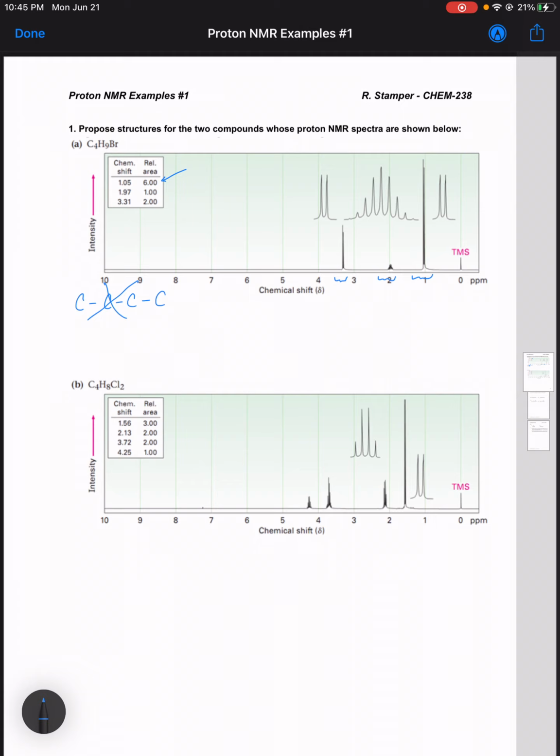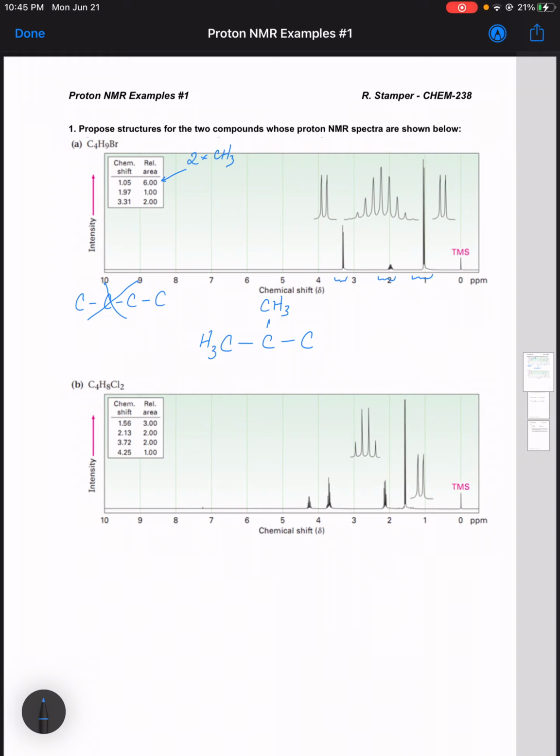So that gives us our 9 total. What we'll see here is that we have a peak with a relative area of 6, representing 6 hydrogens. That almost certainly means that we have 2 methyl groups, 2 CH3s that are chemically equivalent. So from that information, I would propose a backbone that looks like this, where I have 2 methyl groups.